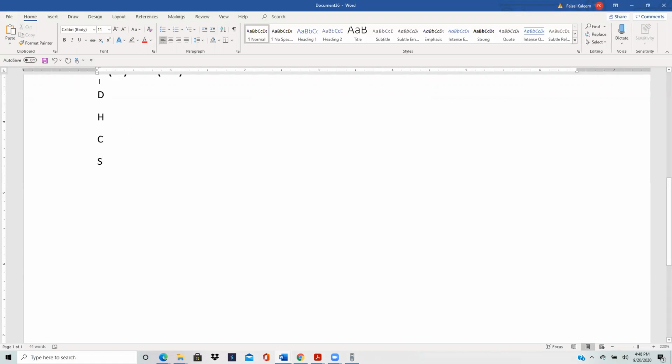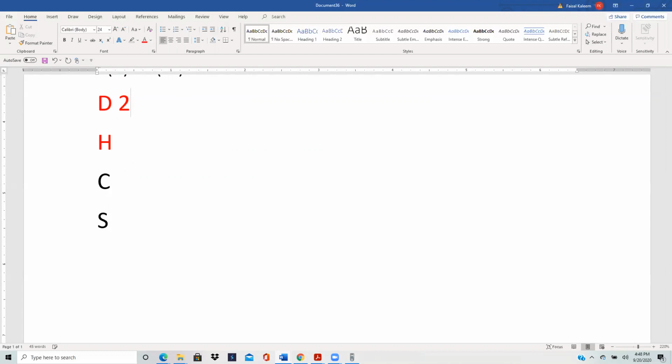So the diamonds and hearts are red, and clubs and spades are black. Each has 13 cards in it.